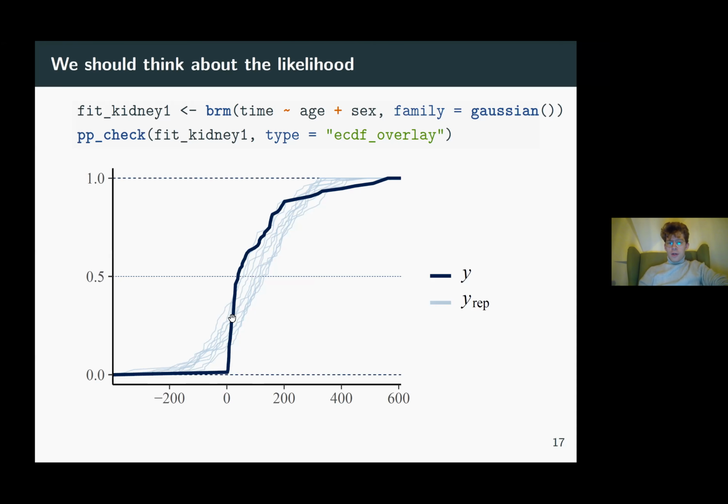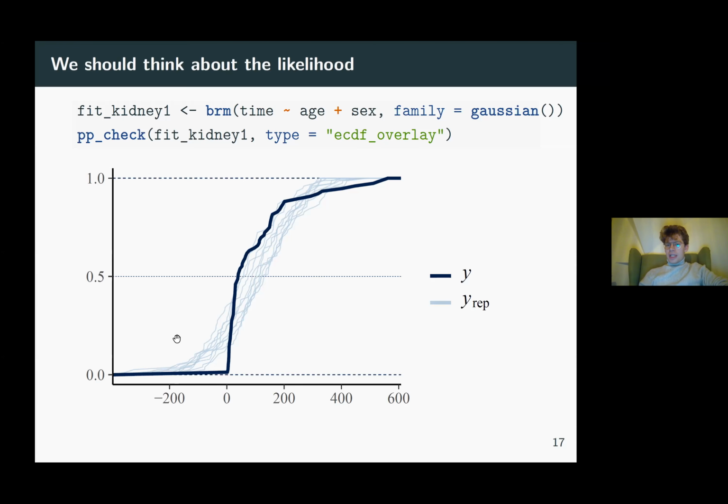And we see a lot of those predictions are actually negative, which of course cannot be because time only needs to be positive. And as a result, because that model predicts so badly, we also shouldn't trust its inference. So we shouldn't trust its coefficients on age and sex. We shouldn't trust inference on other things because the predictions are so off.